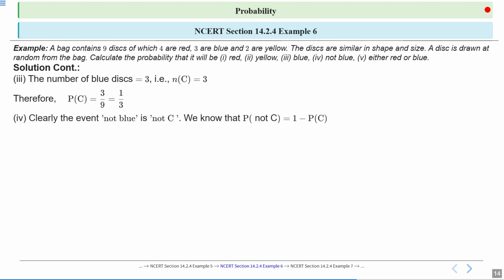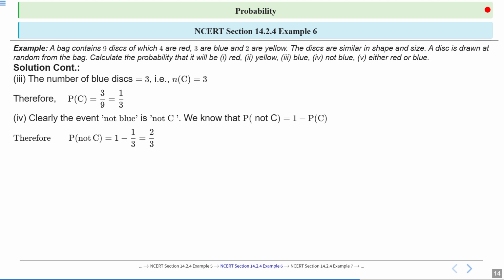And clearly the event not blue is basically the complement event of C, that means not C. We know this formula: the probability of not C is equal to 1 minus the probability of C. Now we will apply this formula to calculate the probability that it will be not a blue disc. So the probability of not C is equal to 1 minus the probability of C, and the probability of C is 1 by 3.